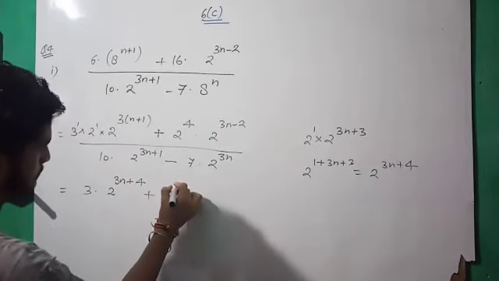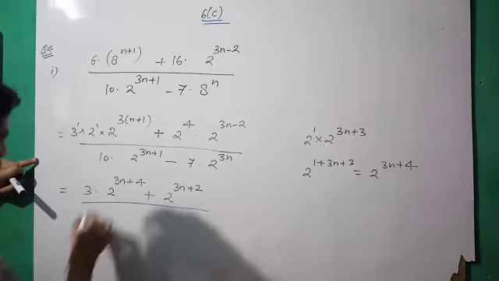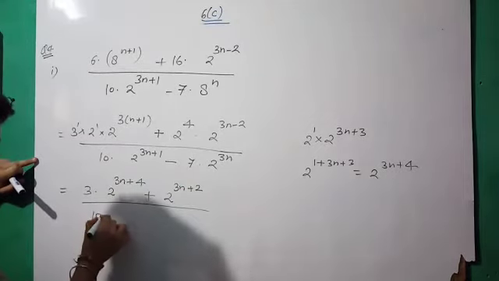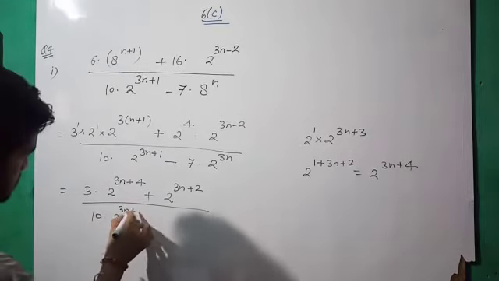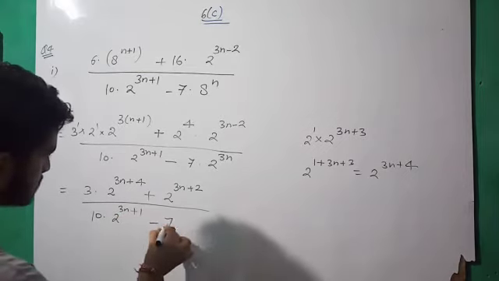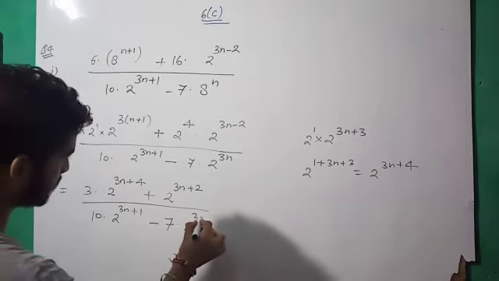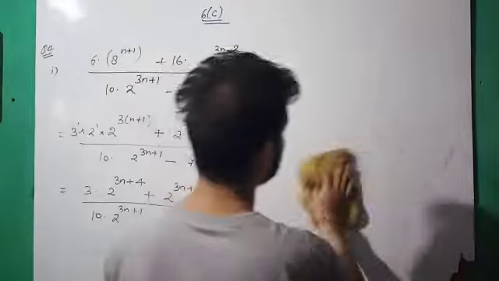So 2^(3n+2) upon 10 into 2^(3n+1) minus 7 into 2^(3n). Now the manipulation is very important. Okay, see here, very important concept.